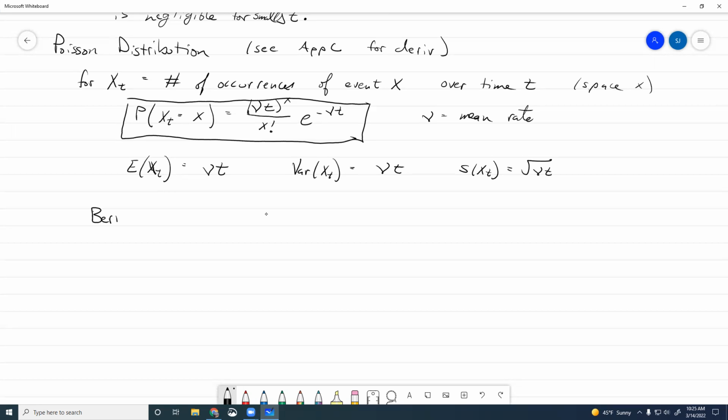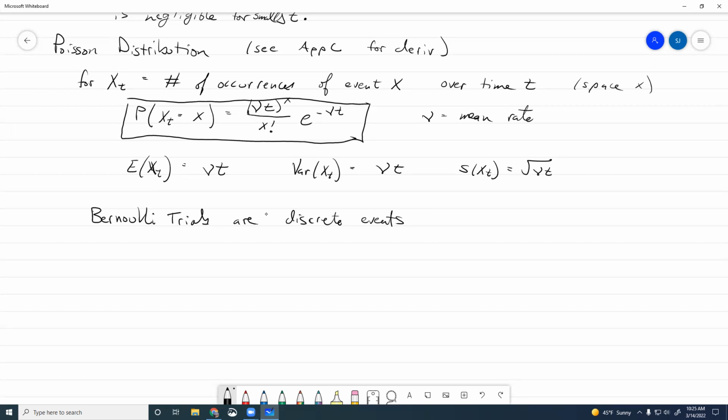So we know that Bernoulli trials are discrete events. Discrete random variables: yes or no, does the success happen or not?